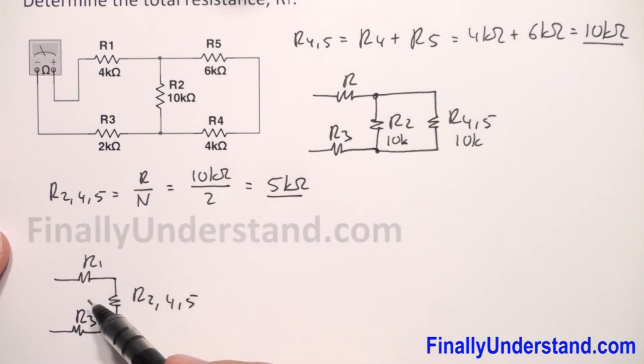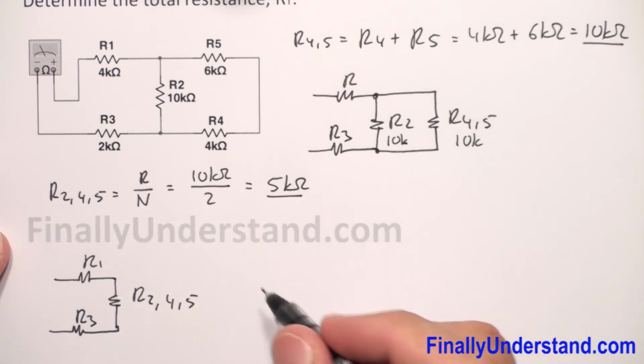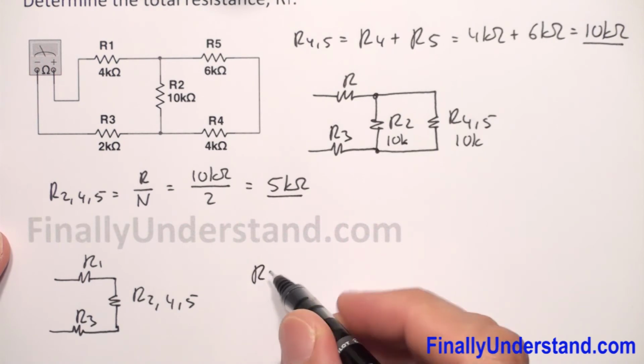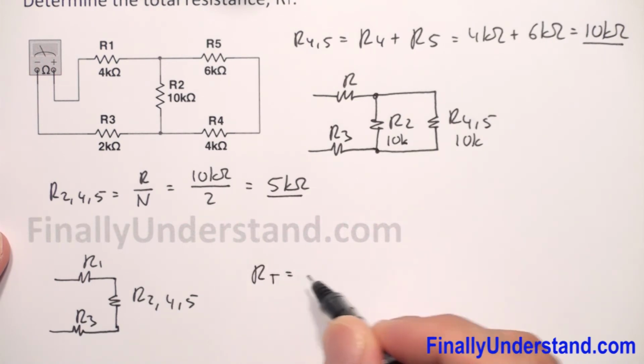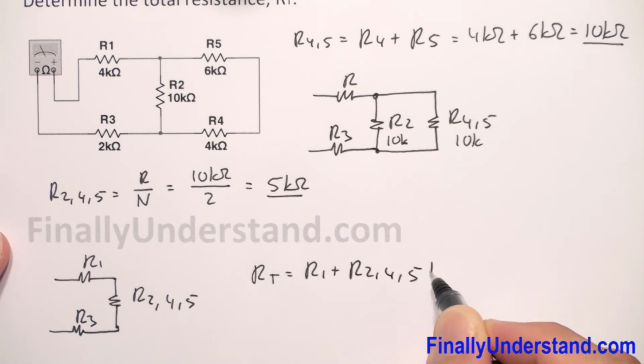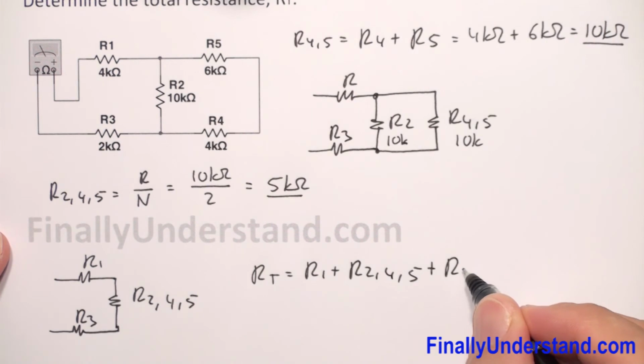As you can see, we got a series circuit. So if these three resistors are in series, I can simply write the formula for total resistance. R total is equal to R1 plus R245 plus R3.